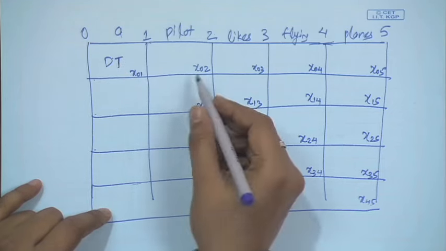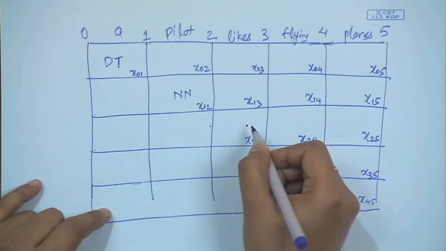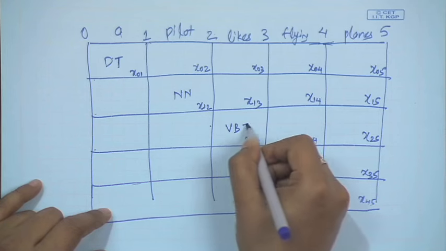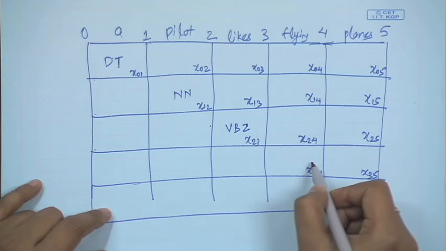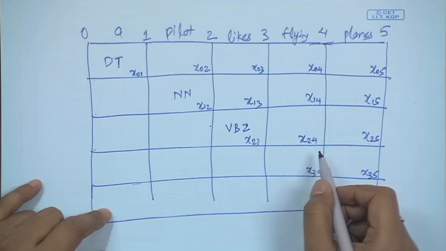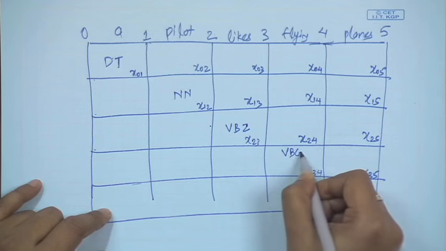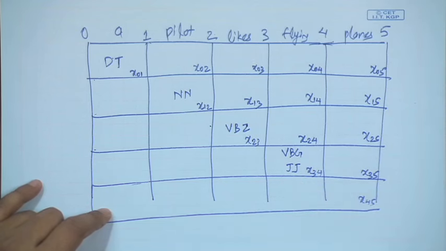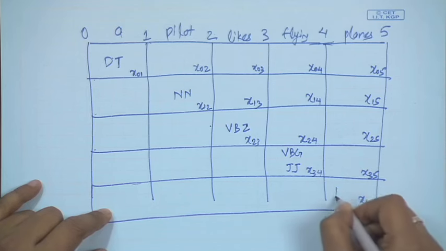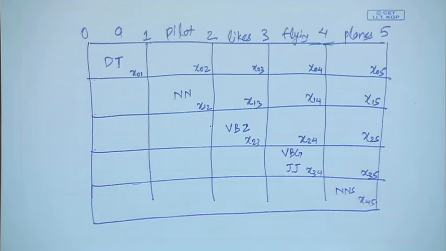Pilot, NN derives pilot. Likes, VBZ derives likes. Flying, so you see there are two non-terminals, VBG and JJ, that derive this. And planes, NNS. Okay, so filling the diagonal element is very easy, the first diagonal element.